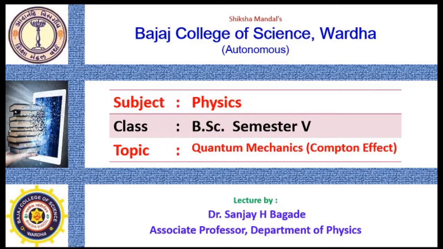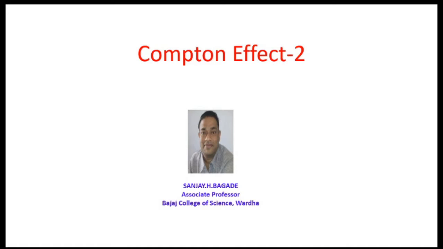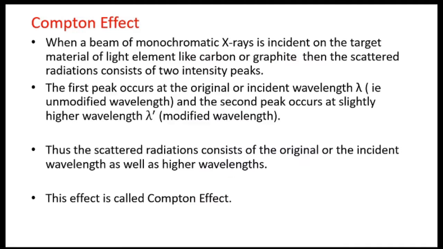The topic of today's discussion is quantum mechanics, and in that we are going to see Compton effect. We have seen previously that when a beam of monochromatic X-rays is incident on the target material of light elements like carbon, then the scattered radiation consists of two intensity peaks.